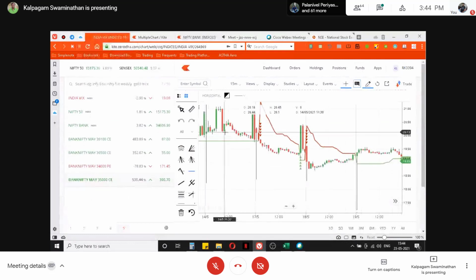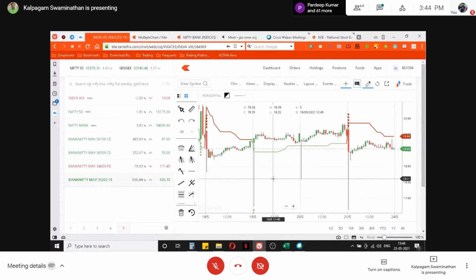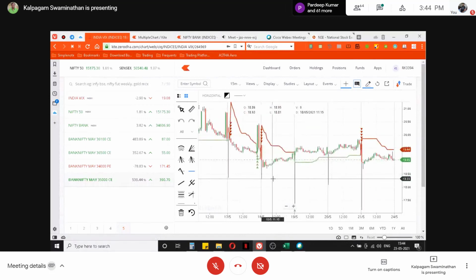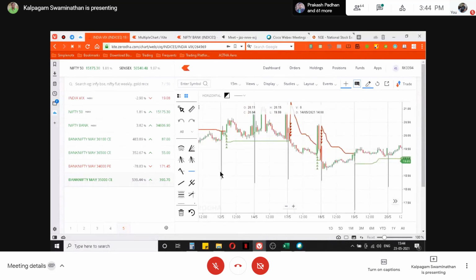Basically, I suppose you could use it to establish a bias for the day. I have not studied this very thoroughly, but what I can see is that if it is above the Supertrend, the market falls. If it is below the Supertrend, the market goes up.